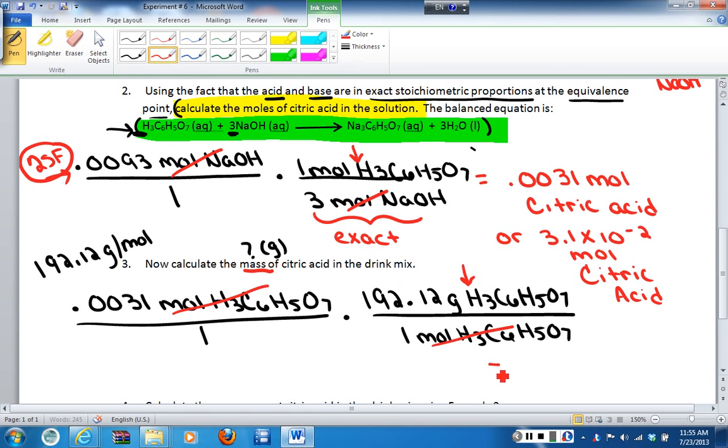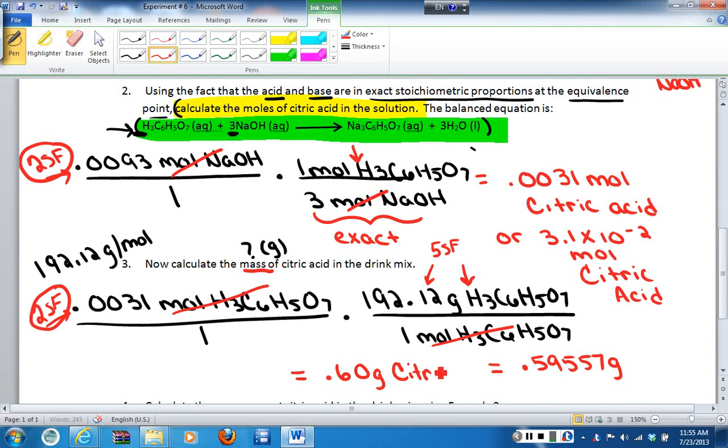When we do our calculation, we get an answer of 0.59557 grams. But we have to account for significant figures, and in this particular case we have 2 significant figures. Here we have 5 significant figures, and since we're multiplying, our final answer can only have 2 sig figs. So for this question, our final answer has to be 0.60 grams of citric acid.